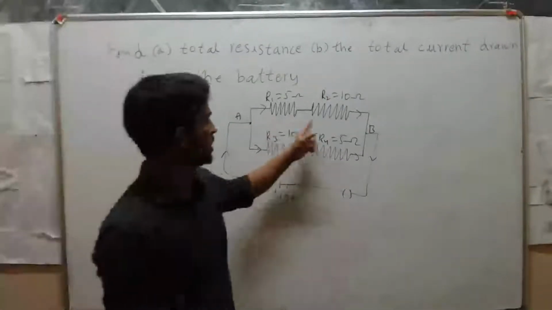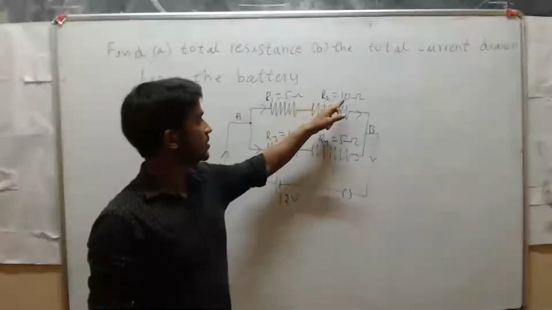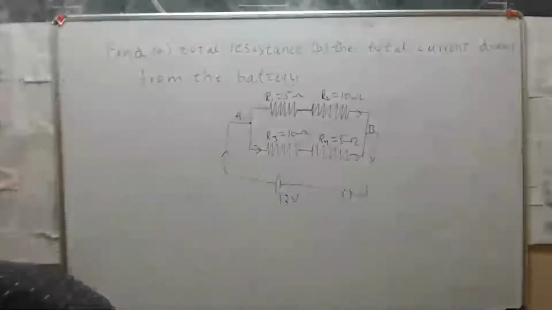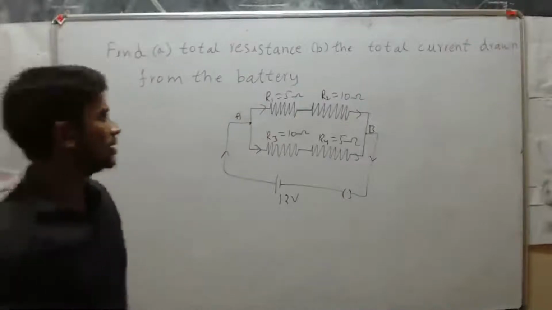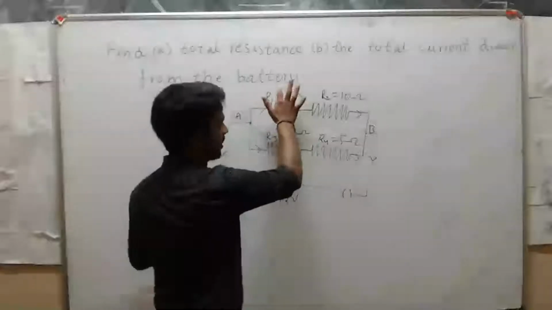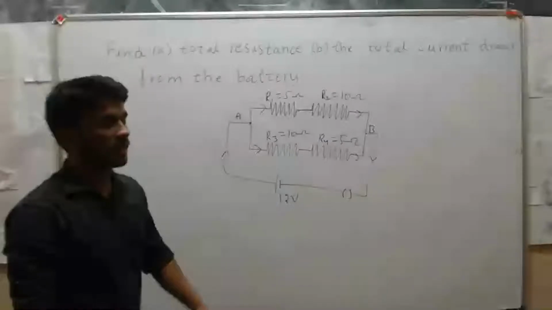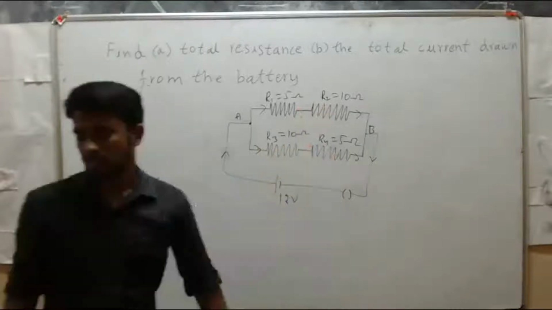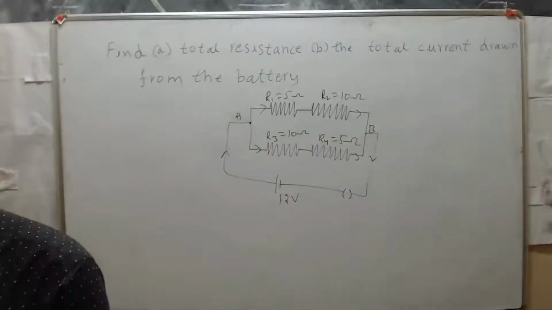These two are connected in series, so you should get a resistance greater than this one and this one. Now take this one as R dash and this as R double dash. First R equal to 7.5 ohm, is it right? No.